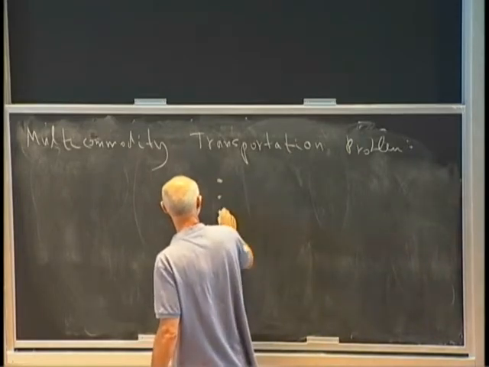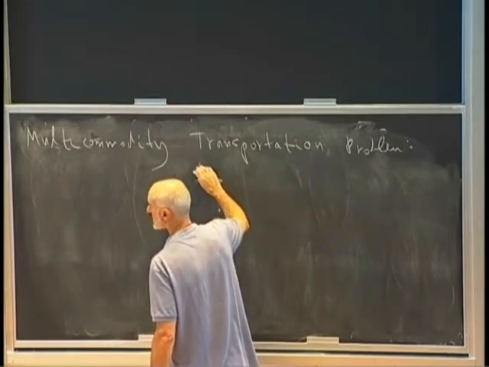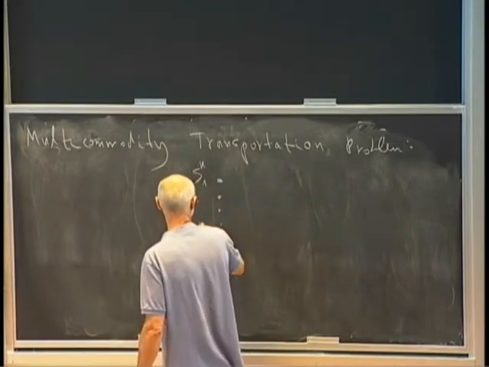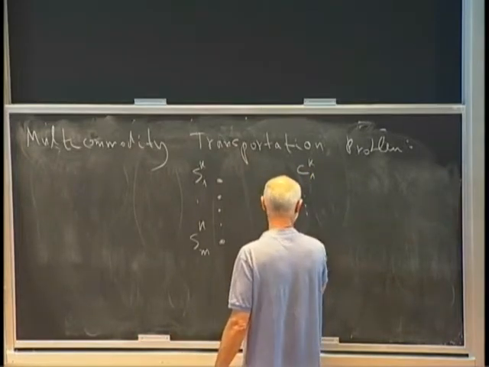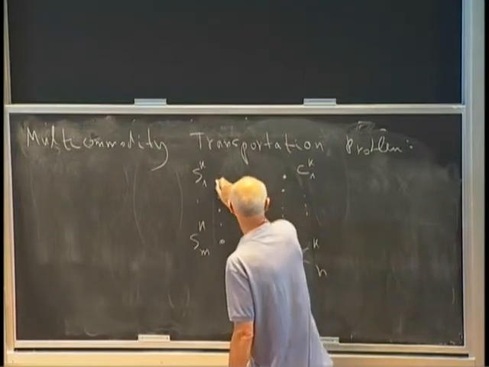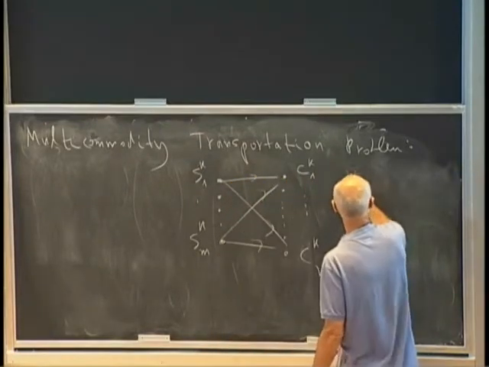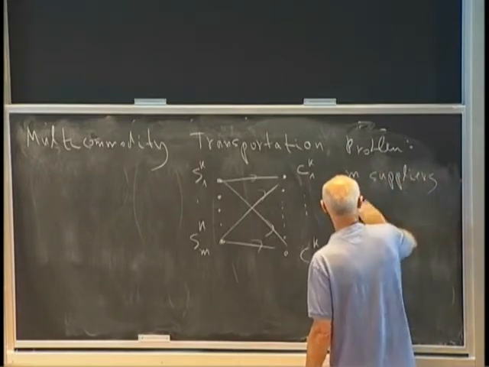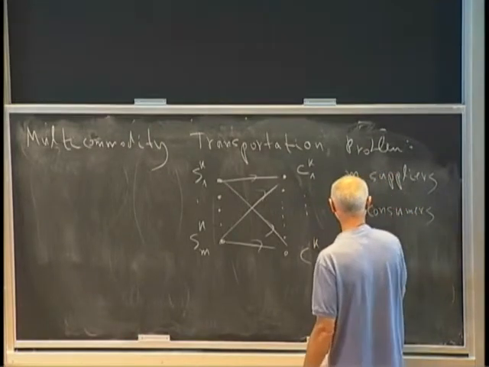Now we have a bipartite graph, and we have supplies S_1^k, ..., S_M^k, and we have consumptions C_1^k, ..., C_N^k, and it's a bipartite network. So M suppliers, N consumers, and L commodities.